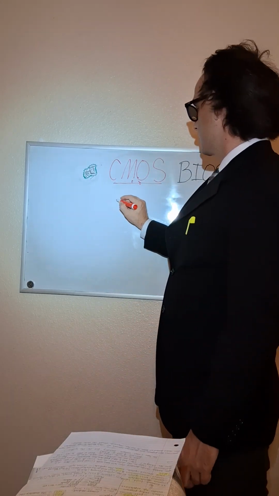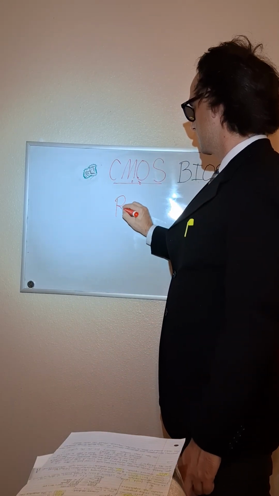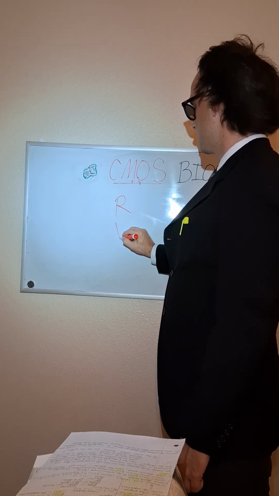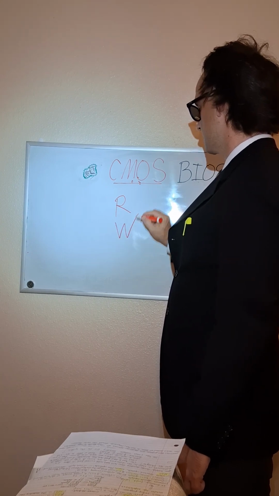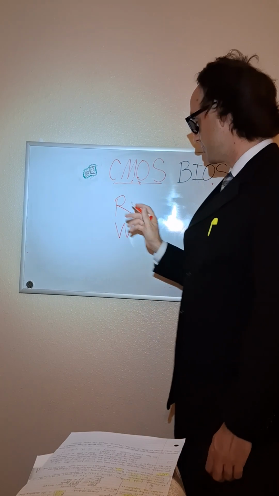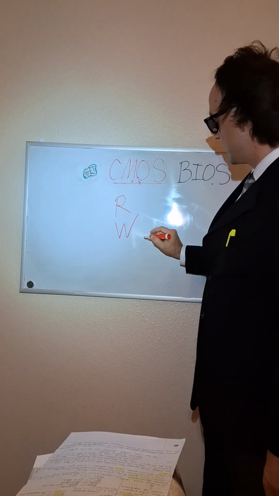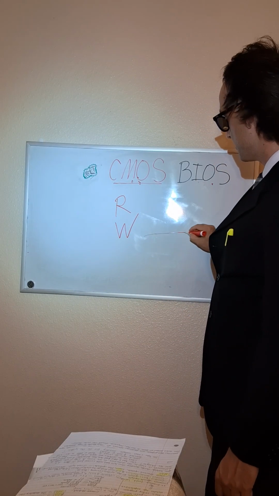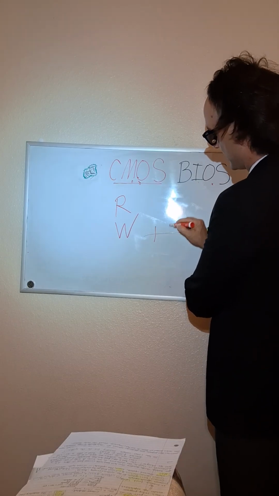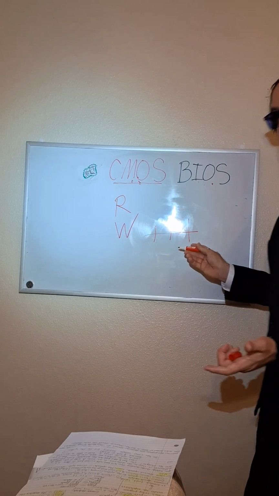Not to be sarcastic, but there's read, and there's write. So some memory you can write on. So you can access the memory, and here's the memory, right? Let's say this is what the memory looks like.